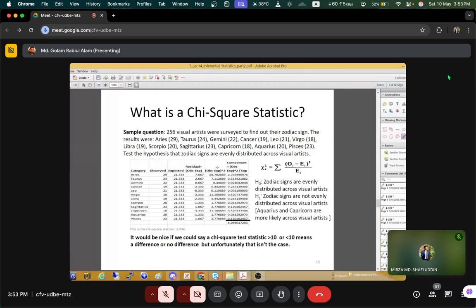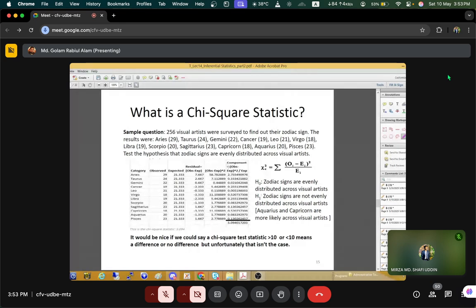If you want to be a visual artist, you have to be from these two groups of zodiac signs. So someone claimed this.